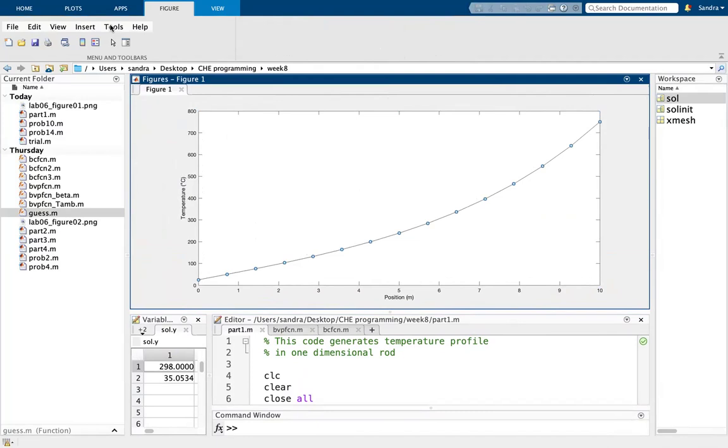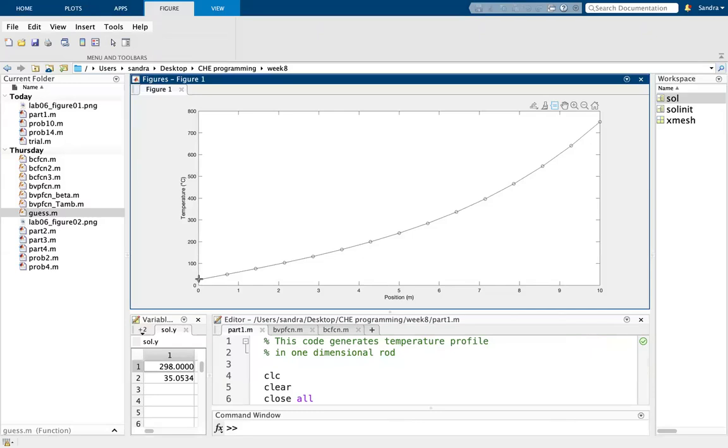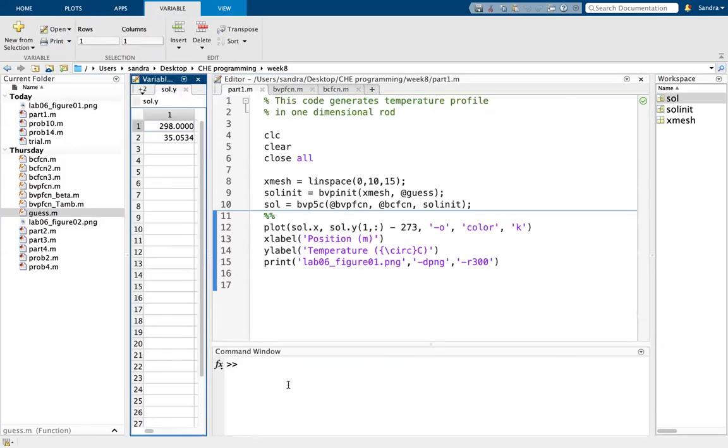I'll just use the data tips. See, it is 0, 25. And here, x is equal to 10, which is the length of the rod, and the temperature value is 750, which is given to us in the question. I hope this part of the question is clear.